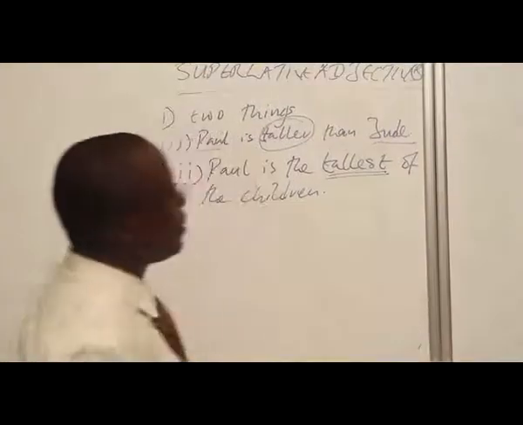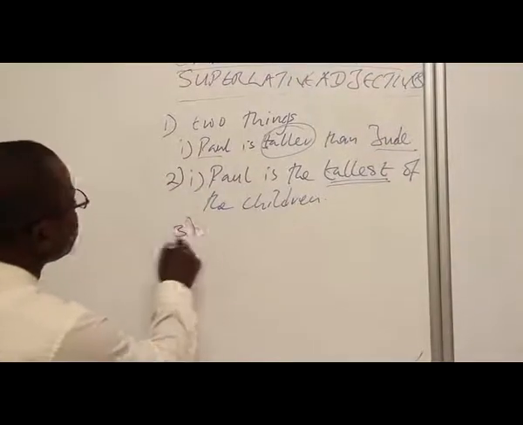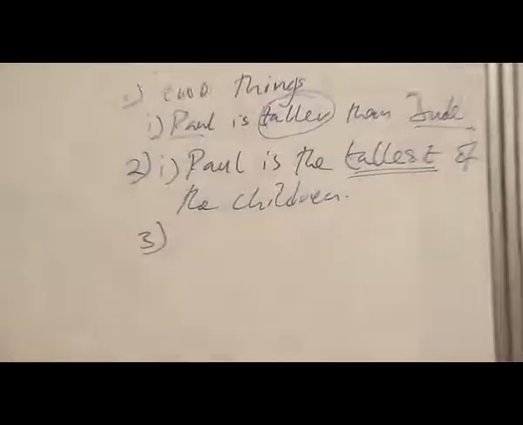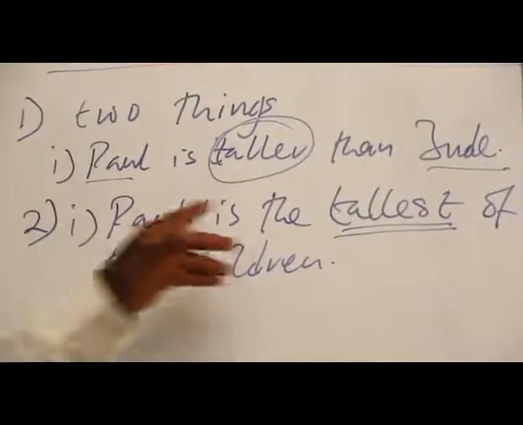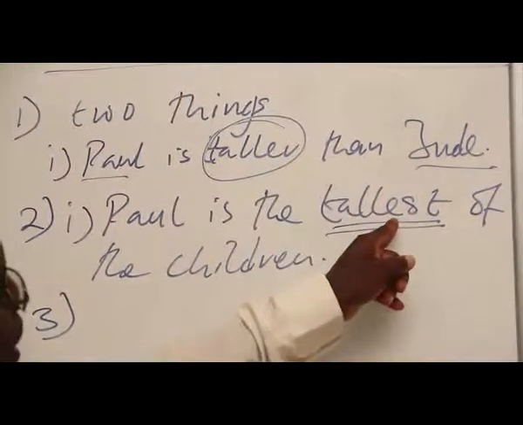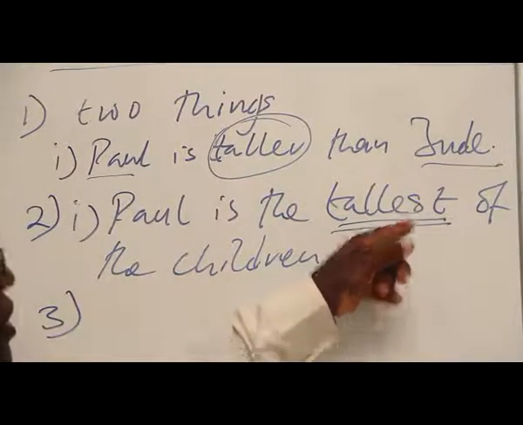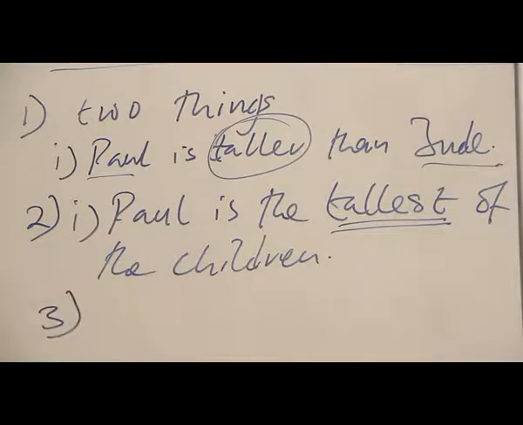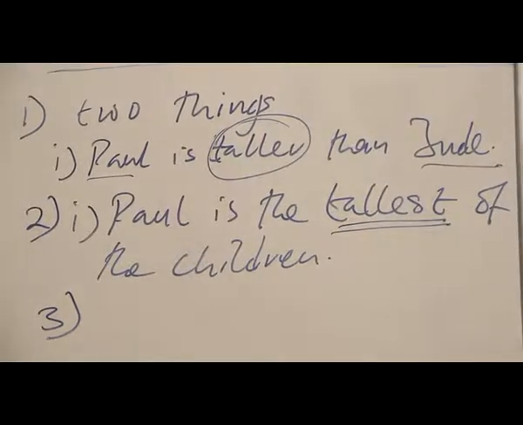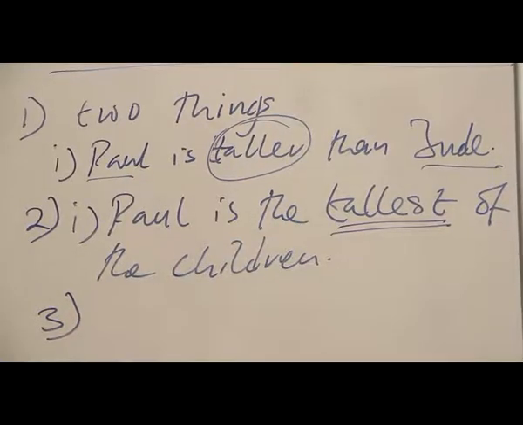So that is it. Now, the third issue we want to look at is, at what point do we use ER and EST? We use the syllables ER and EST for forming both the comparative and superlative forms when the adjective has one syllable. Look at the example we have taken.